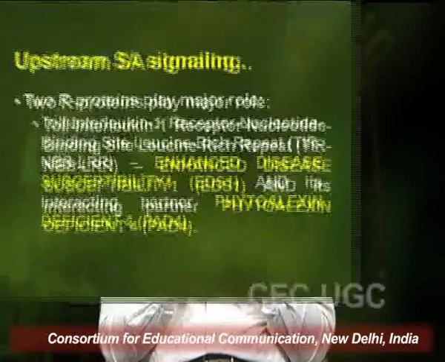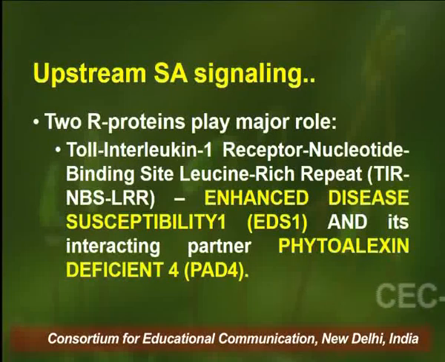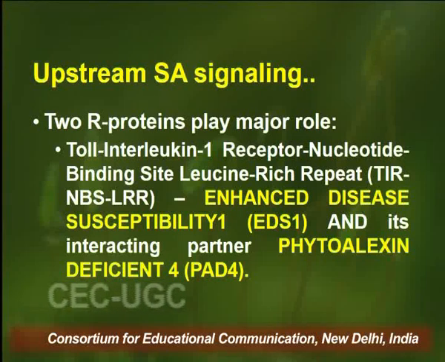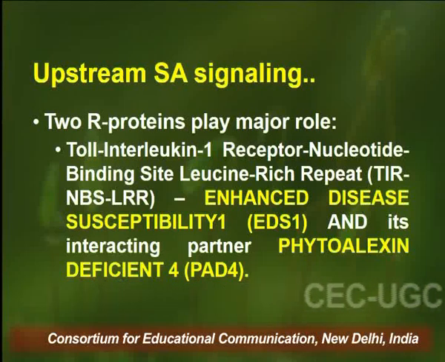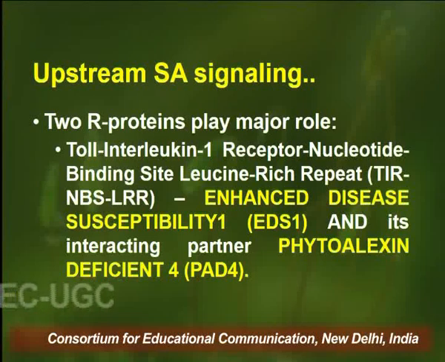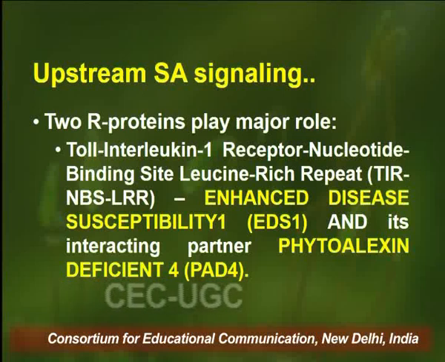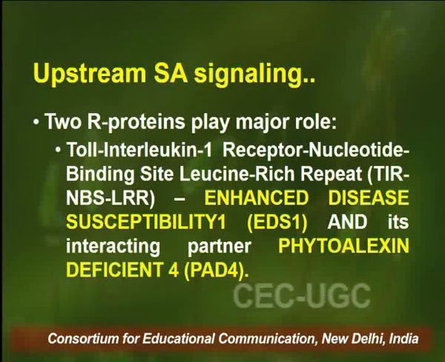In the upstream signaling, the major components are the two R proteins. The first is the toll interleukin 1 receptor nucleotide binding site leucine rich repeat, which is also known as TIR-NBS-LRR, and this protein further interacts with enhanced disease susceptibility 1, EDS1, along with its interacting partner phytoalexin deficient 4, or PAD4.